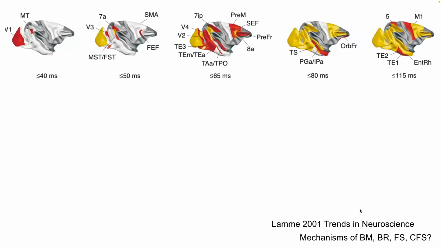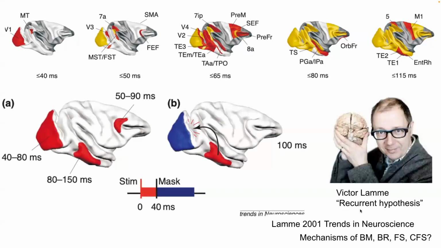Then there's Victor Lamme, who proposed the recurrency idea, which is not exactly the same as recency but a kind of related idea. At the time when the first stimulus is presented, 0 to 40 milliseconds, this part is already active, right?